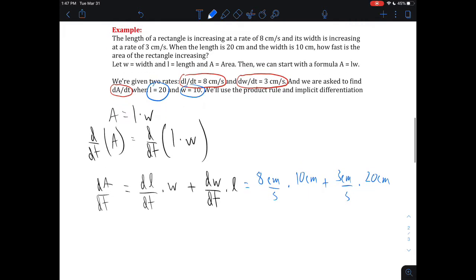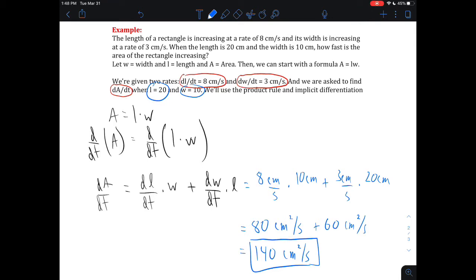And you can see that what you're going to get are numbers that are measured in square centimeters per second. Since I have a centimeter times a centimeter, that's square centimeters. So this is 80 centimeters squared per second plus 60 centimeters squared per second, which gives me 140 centimeters squared per second.